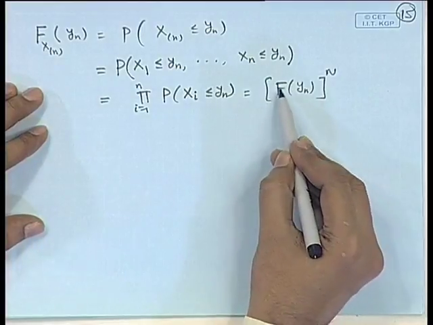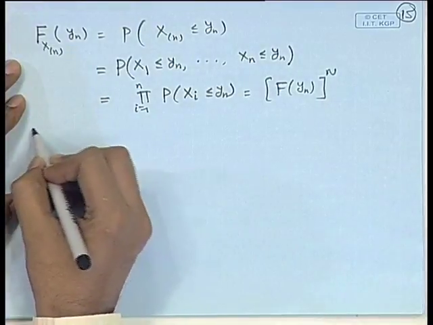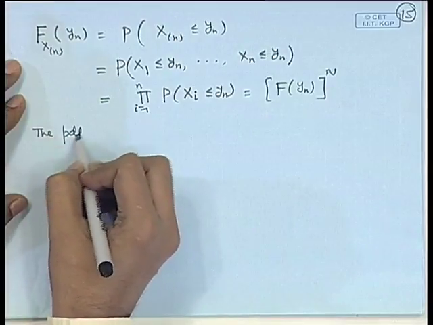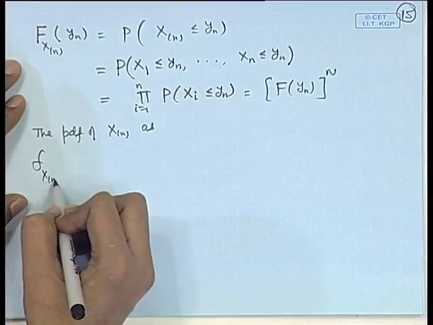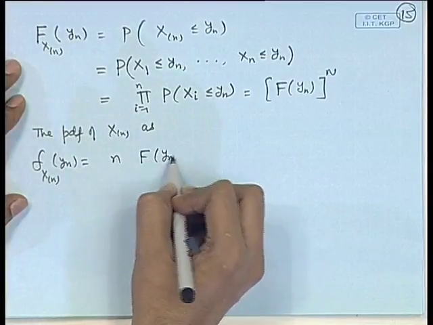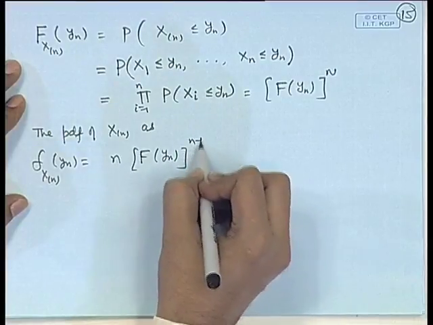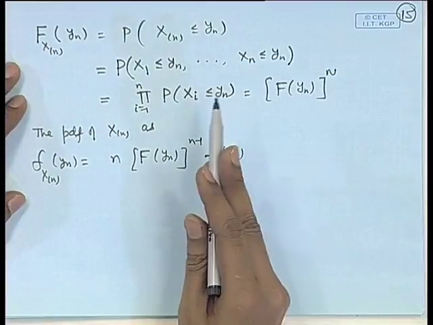If we are assuming the distributions to be continuous, then we can differentiate it and get the PDF of X(n) as n times F(yn) to the power n minus 1 times f(yn). So, using a direct CDF approach, the distribution of the largest can be determined.